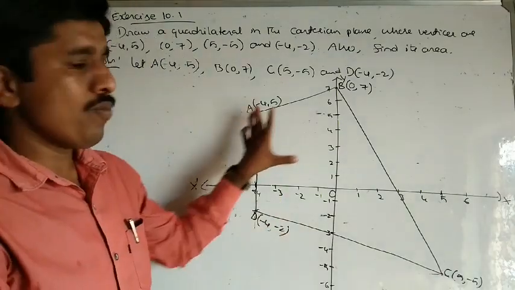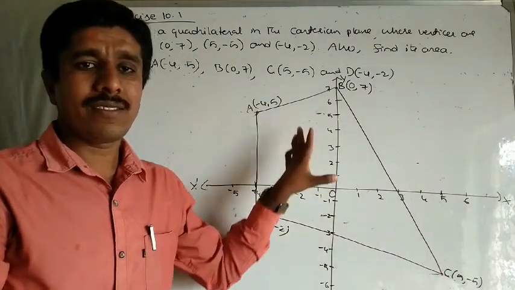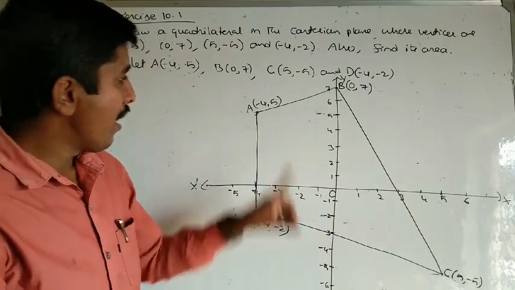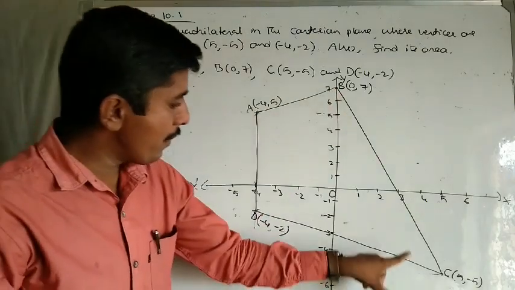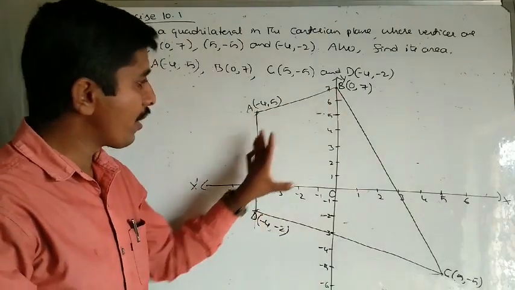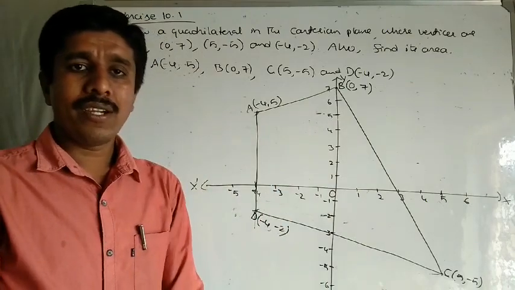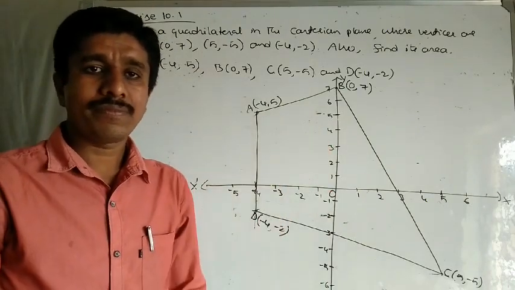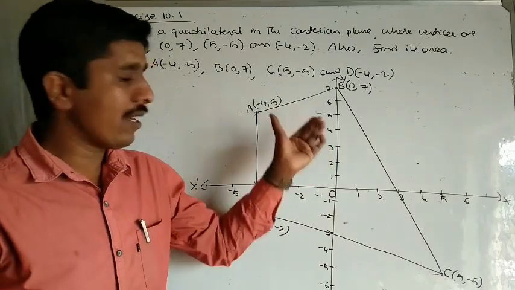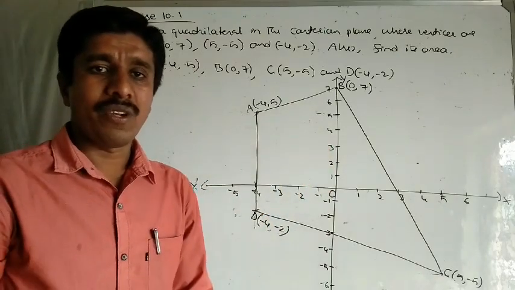Mind it: first mark the four points in the plane and join AB, BC, CD, AD. You get a quadrilateral. Got it? Make running notes on it. Separately, I am not giving notes. Here, make notes on it.